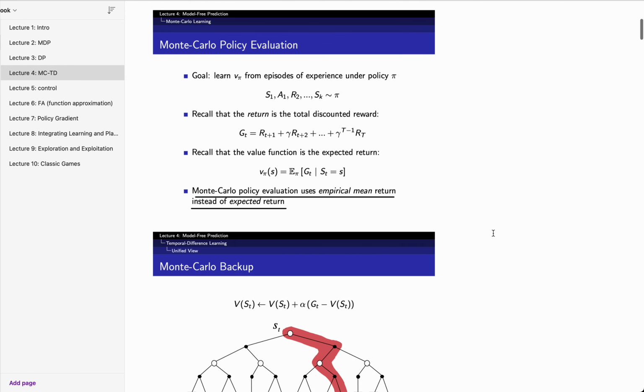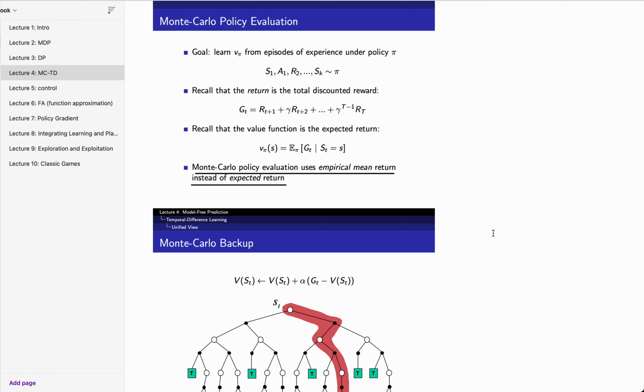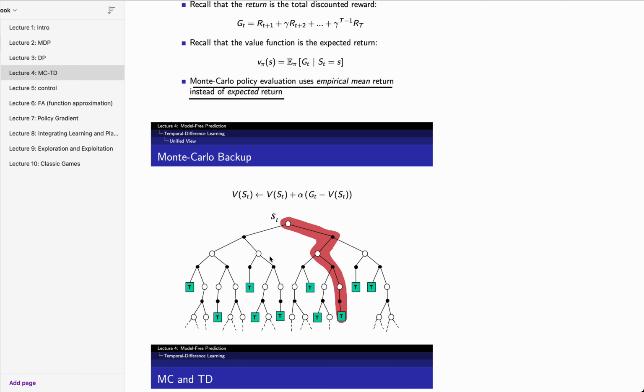Monte Carlo policy evaluation uses the empirical mean return instead of the expected return. Monte Carlo is basically just sampling one of the routes here, and then updating V(S_t) at time step t by adding the difference between the goal and the current V(S_t), times a step size alpha, which is the learning rate.